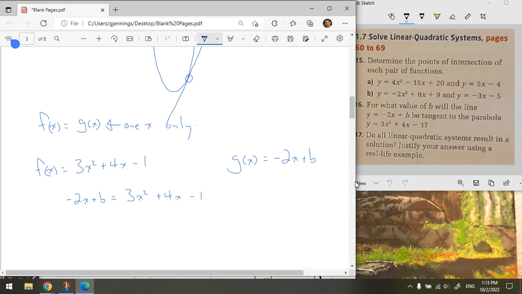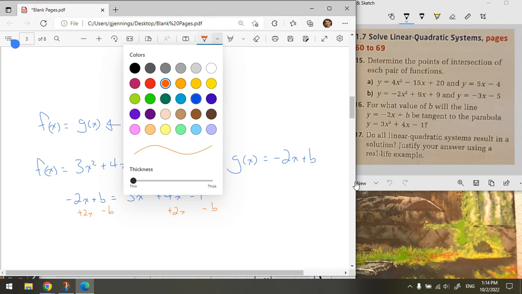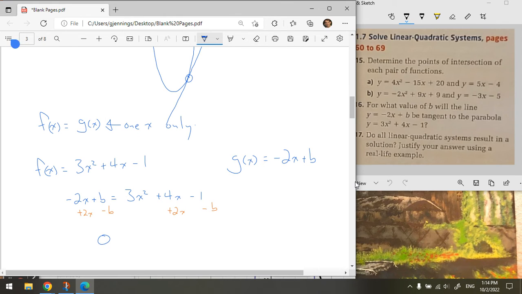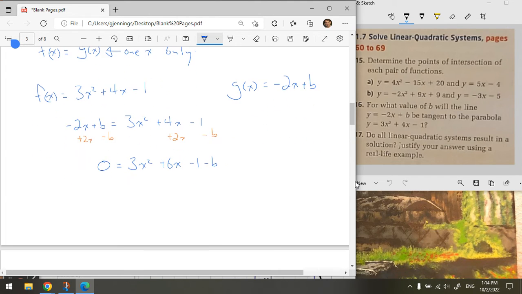We're going to add 2x to both sides and subtract b, this number we don't know yet, from both sides. Then we have a new line: 0 is equal to 3x squared plus 6x minus 1 minus b.